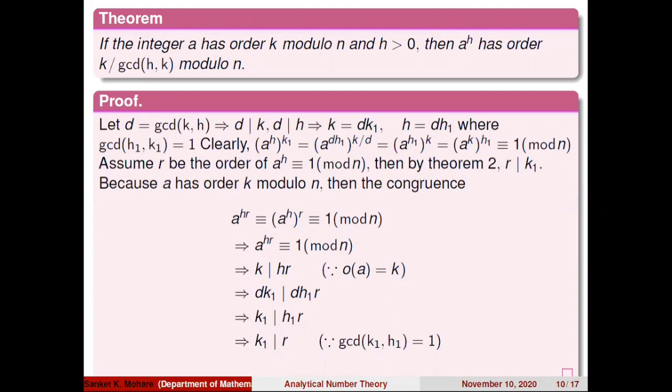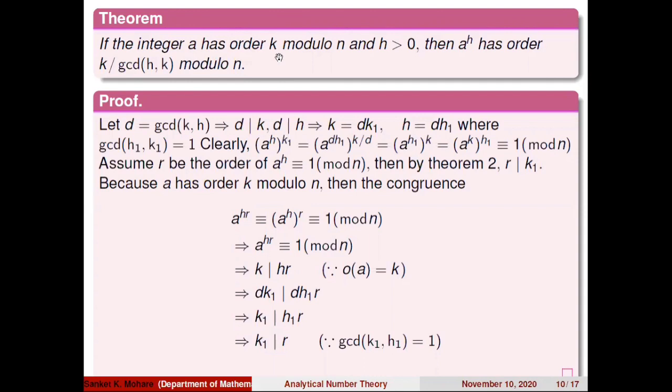Now one of the important theorems: if the integer a has order k modulo n and h is greater than 0, then a to the power h has order k divided by GCD of h comma k modulo n. So what is the statement?